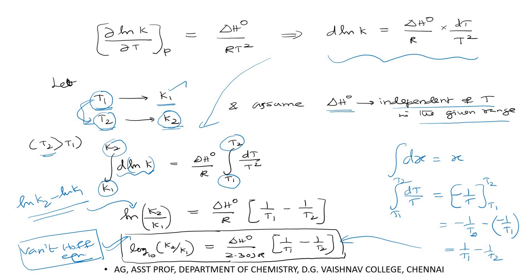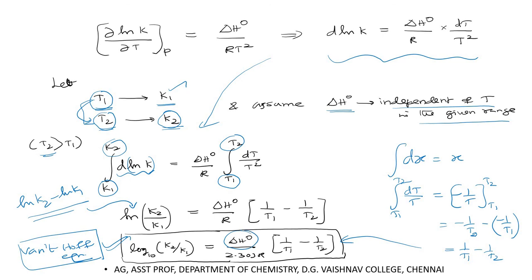Let me give some more information about this. Whether K2, the final equilibrium constant, will be greater than K1 or lesser than K1 on increasing temperature is decided by the sign of delta H naught.